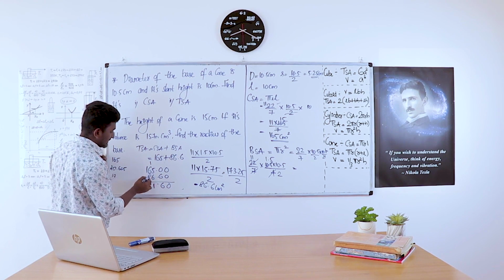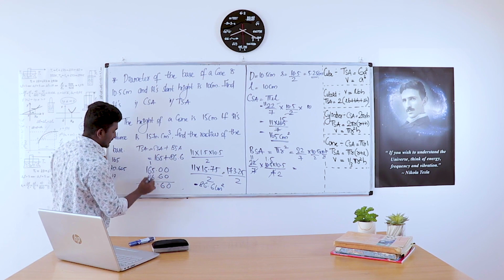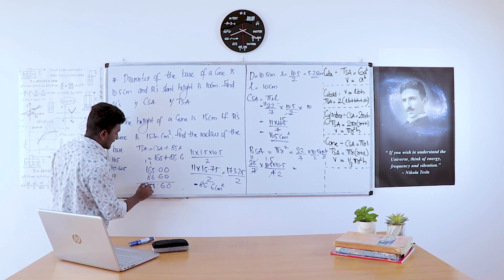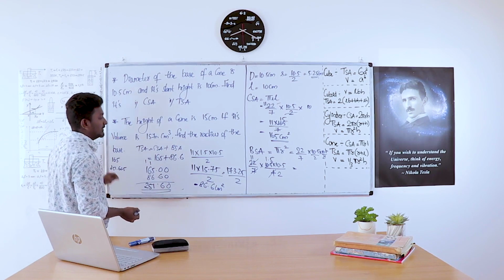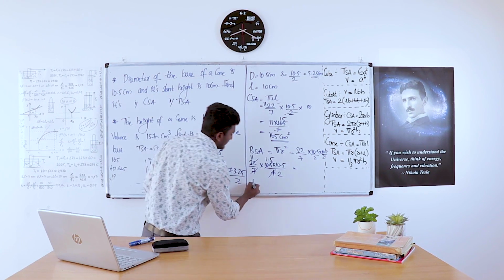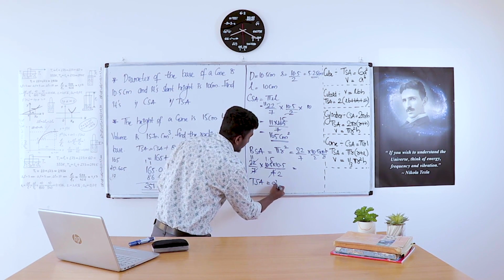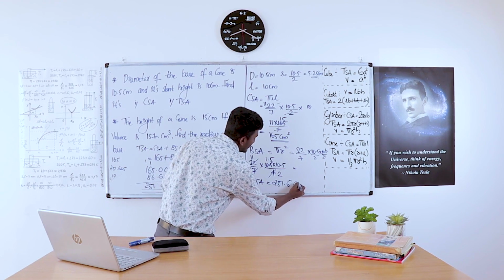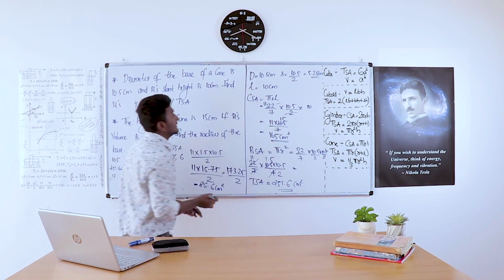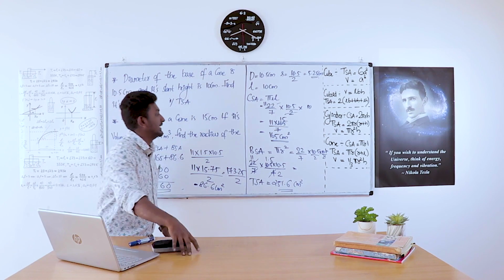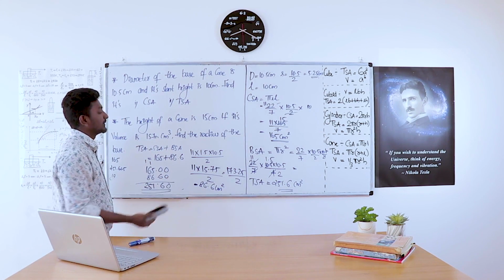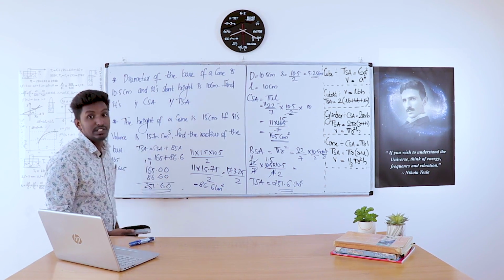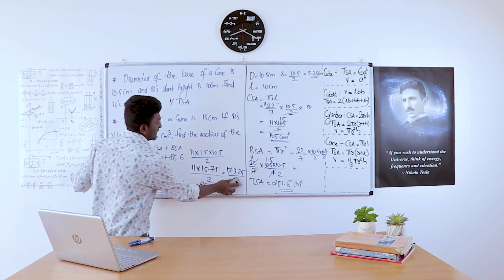Then 8 plus 6, 14, 14 plus 1, 15, remainder 1, 1 plus 1, 2. So total surface area is equal to 251.6 centimeter square. Here in this question, curved surface area is 165 centimeter square and total surface area is 251.6 centimeter square.